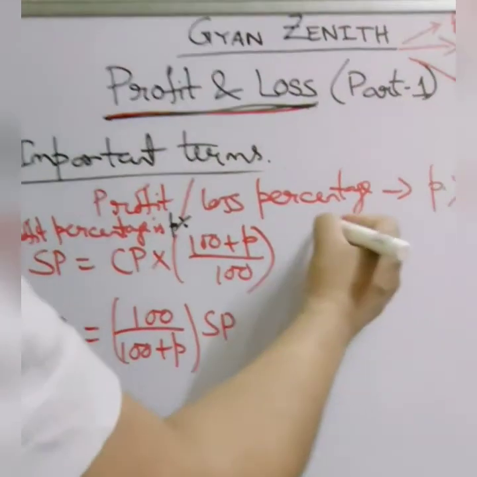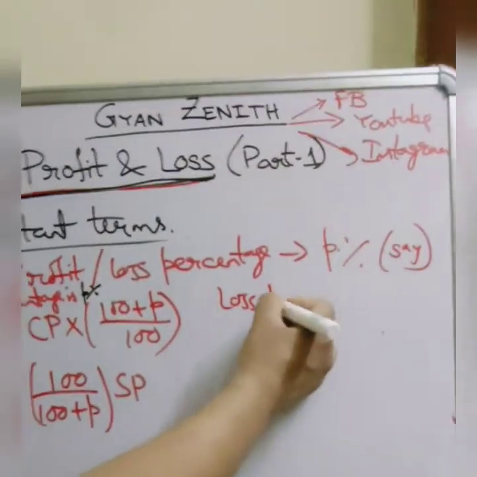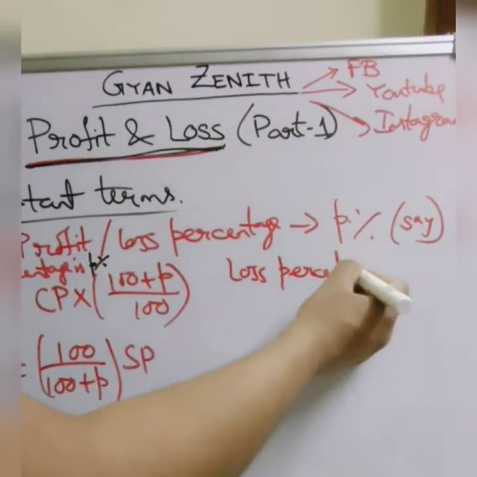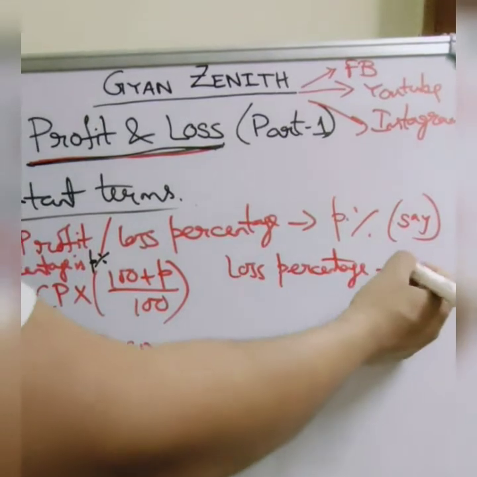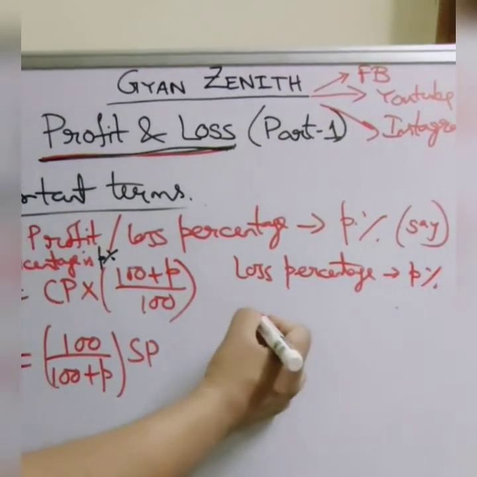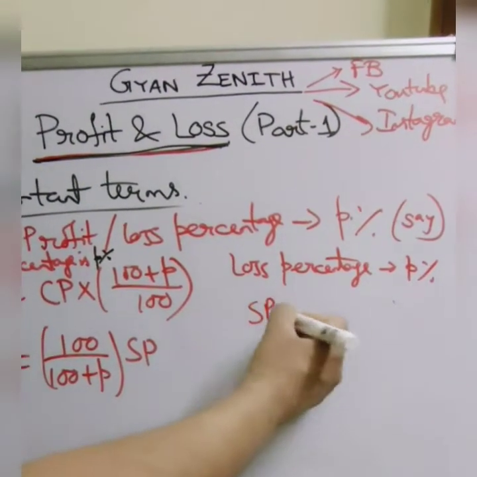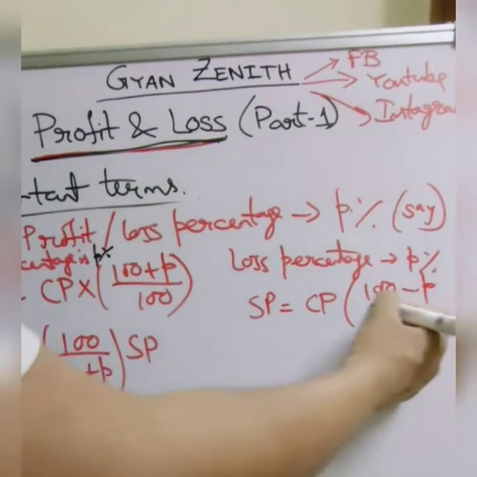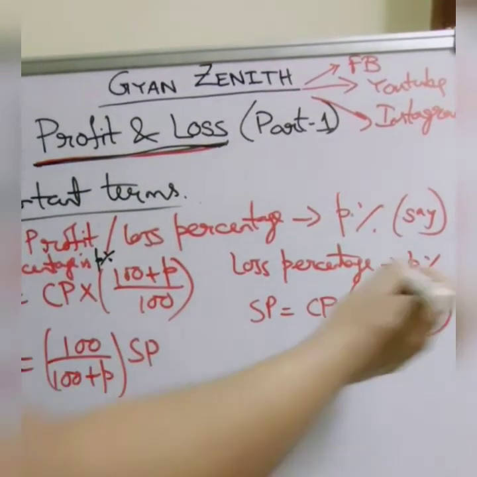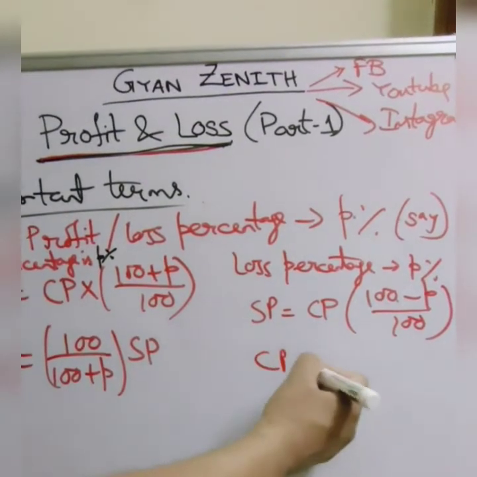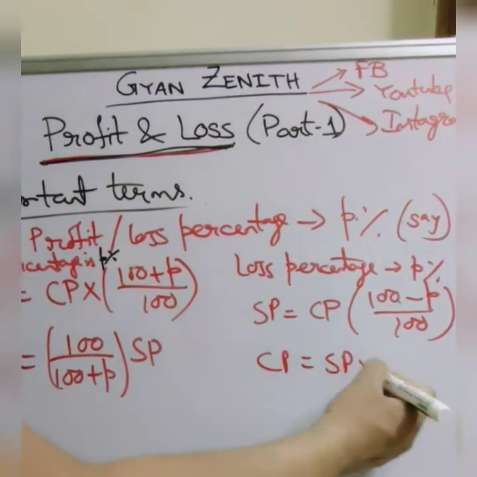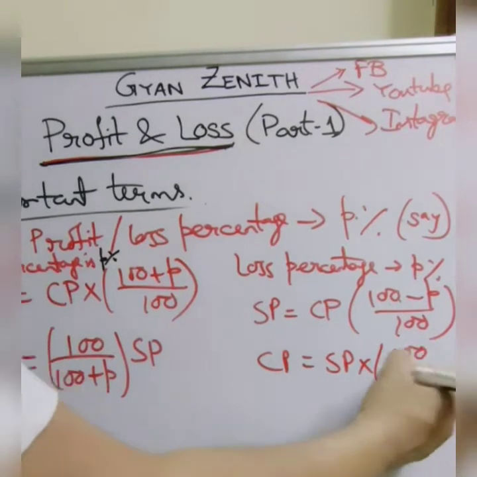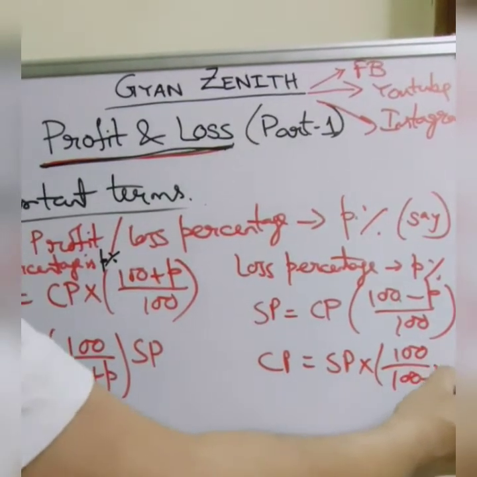Now, on the other hand, when loss percentage is P%, then SP equals CP into (100 minus P) by 100. So CP equals SP into 100 by (100 minus P).